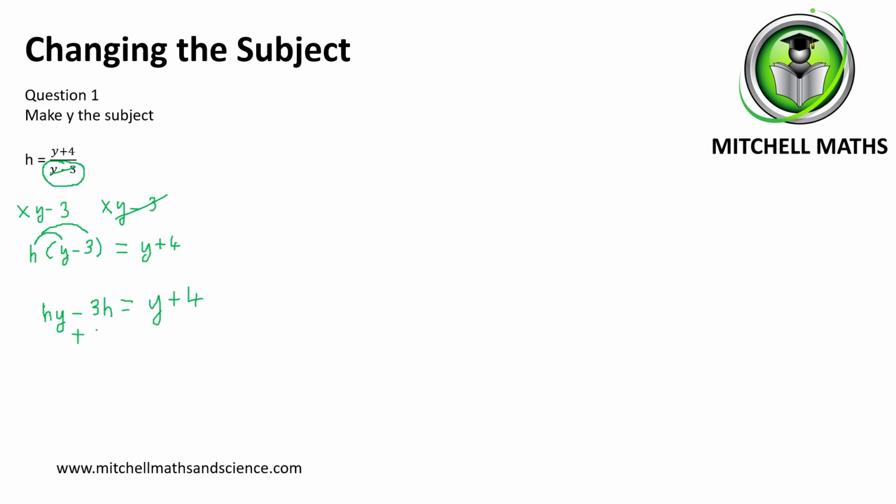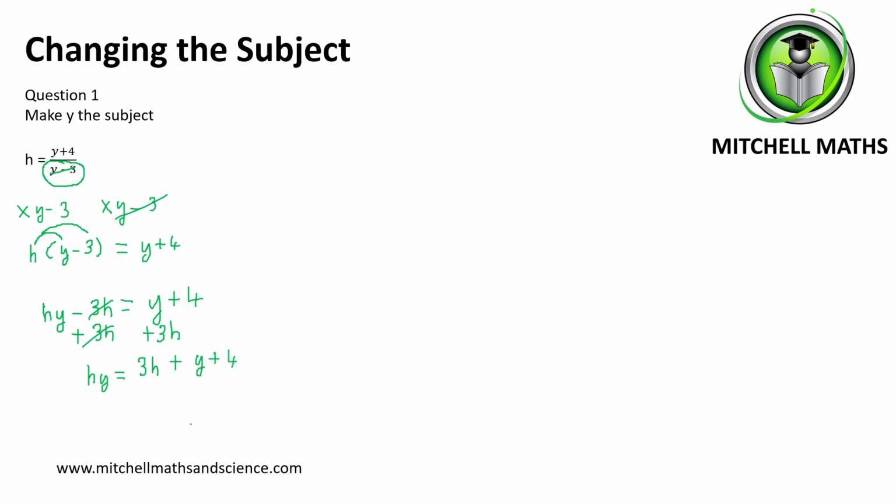So what I'll do is I'll add 3h because I'm going to move that to the right hand side. What I'm left with on the left hand side is hy, and that's equal to 3h plus y plus 4.